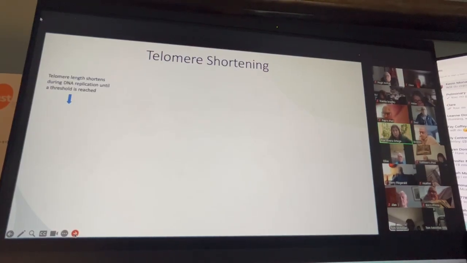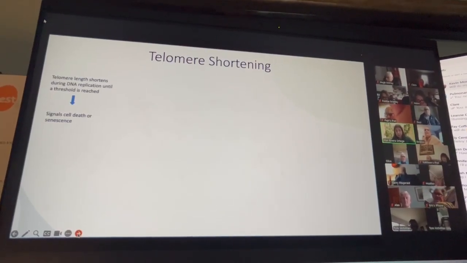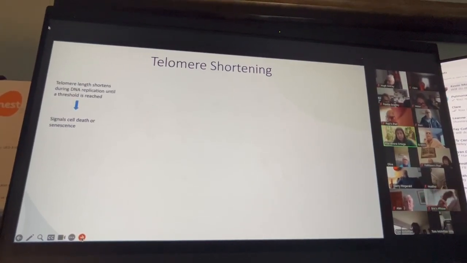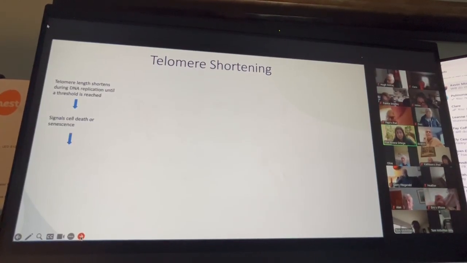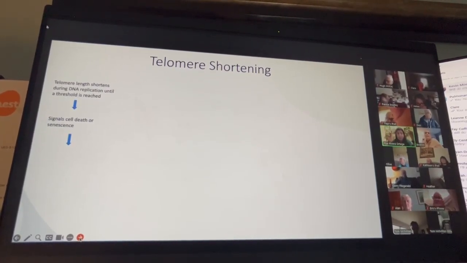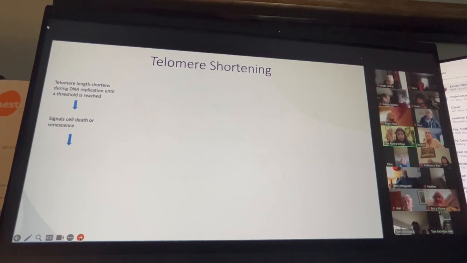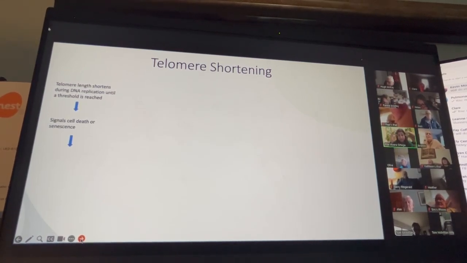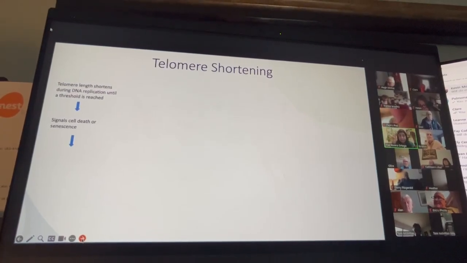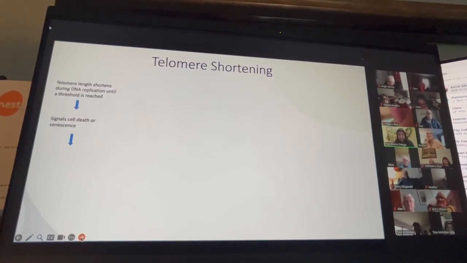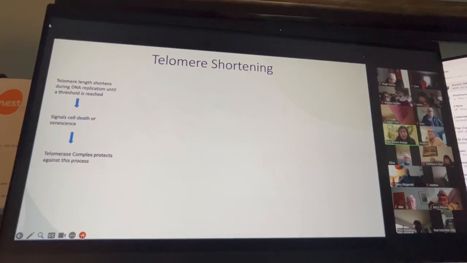As we get older, telomeres become shorter and shorter, until the threshold is reached during the DNA replication, every time the cell is dividing. Then the signals of self-death or senescence are activated, and we have an enzyme.